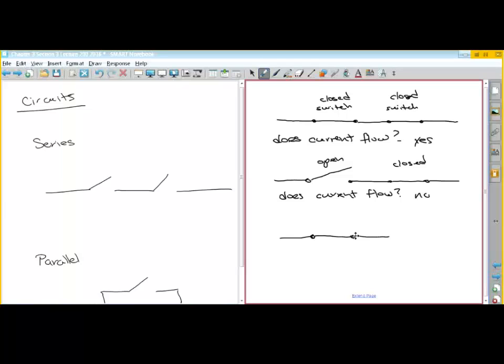If I have the first switch closed and the second switch open, does current flow? The answer is no. And then the final case is where they're both open.